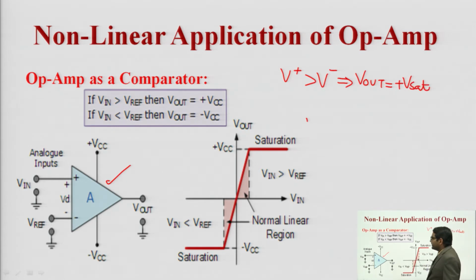plus Vsat. What is V plus? V plus is the voltage at the non-inverting terminal of op-amp, and V minus is the voltage at the inverting terminal of op-amp. If V plus is greater than V minus, then V out equals plus Vsat.